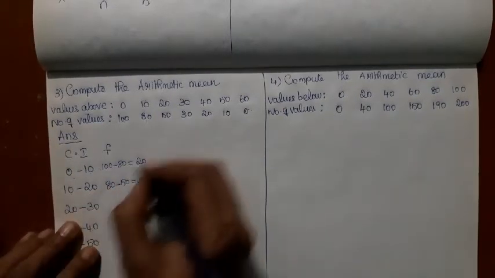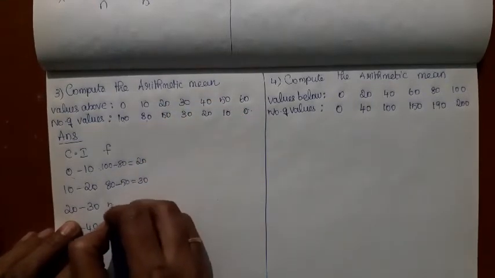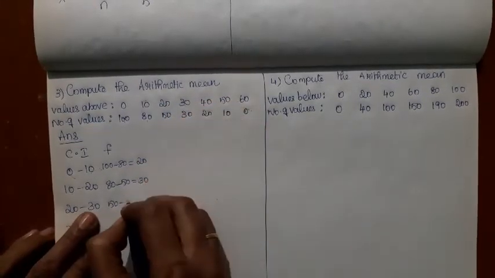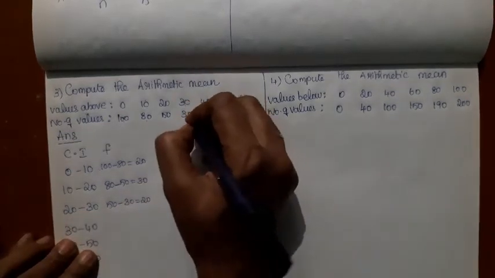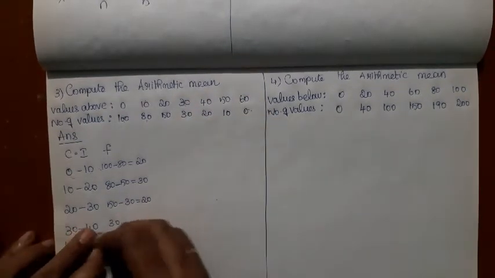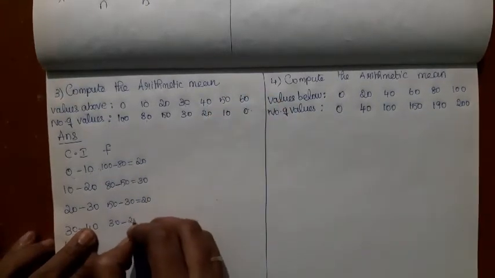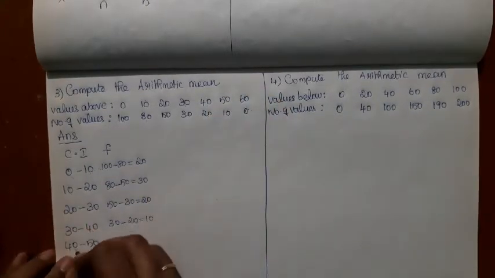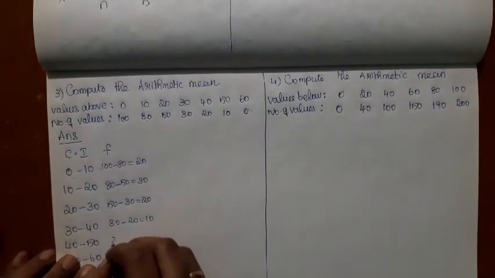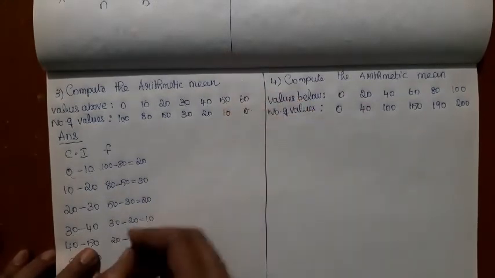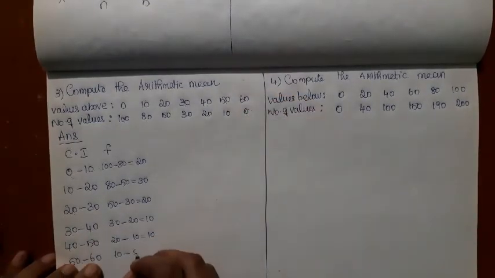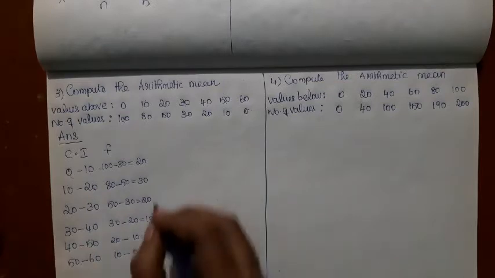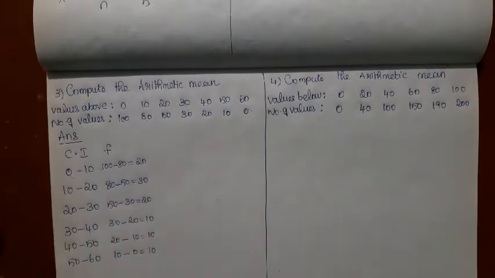You need all the values greater than 20. You leave the values which are greater than 30. How many values are above 30? 30. How many values are above 40? 20. How many are above 50? 10. How many are above 60? 0. So this is how you calculate the frequency.